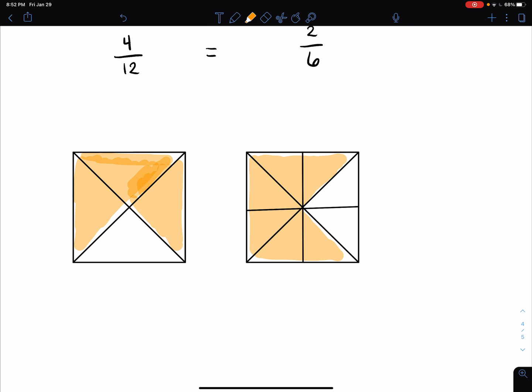I would like for you to take a minute, pause this video, and see if you can come up with the equivalent fractions using these two shapes, and then come back and check yourself.